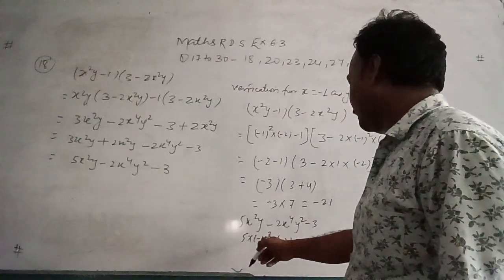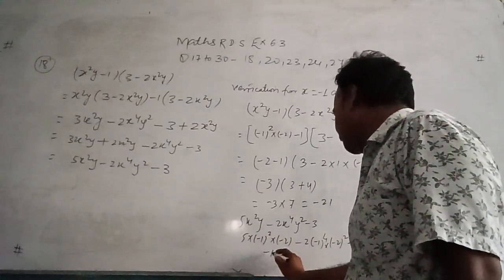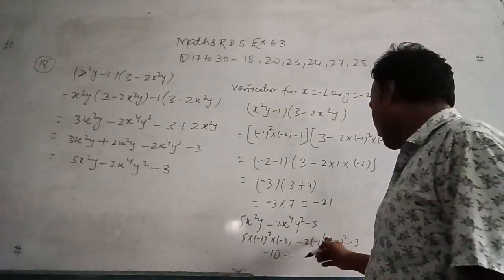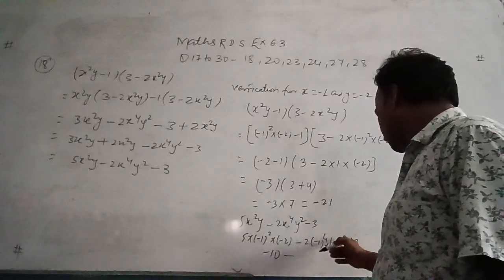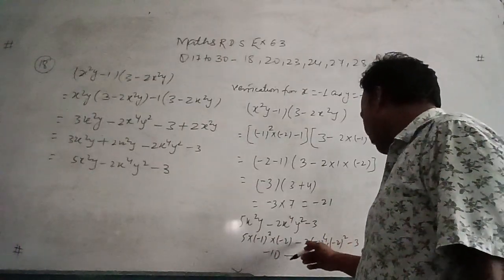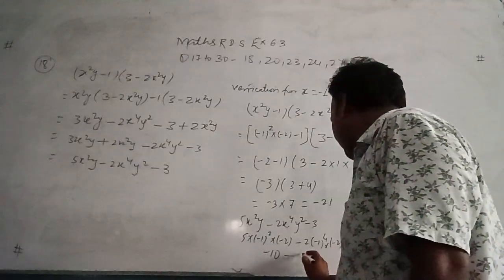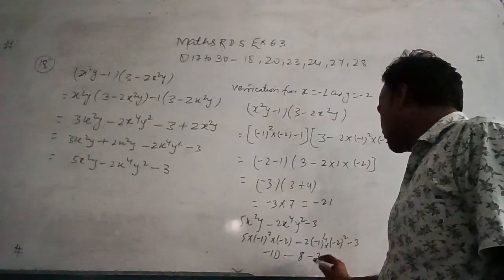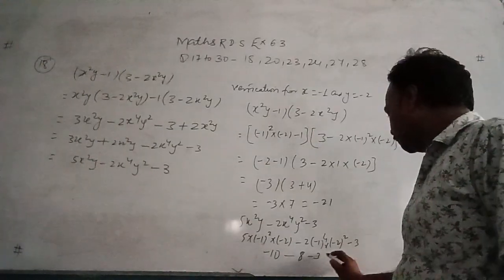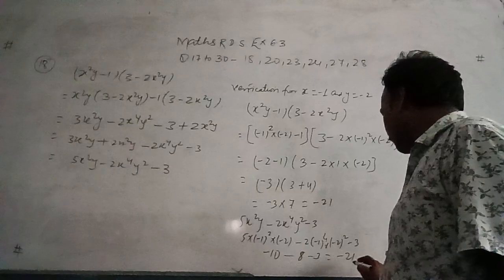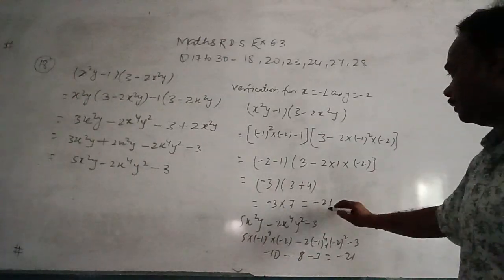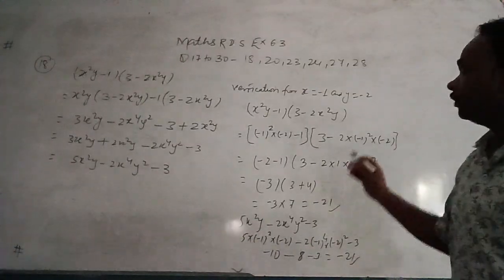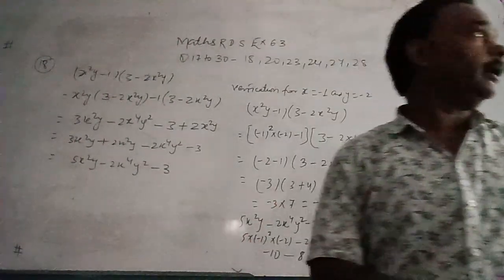Minus 1 square equal to 1, 5 into minus 2 is minus 10, and minus 1 to the power 4 is 1, 2 into 4 is 8, minus 8, and minus 3, and this all is equal to minus 21. So here minus 21 and here minus 21 both are the same, so it is verified for x equal to minus 1 and y equal to minus 2.